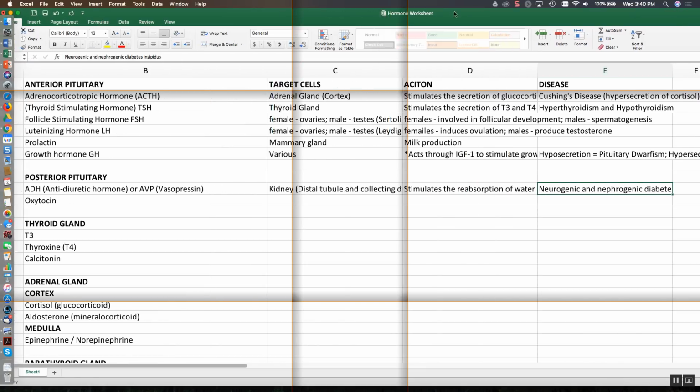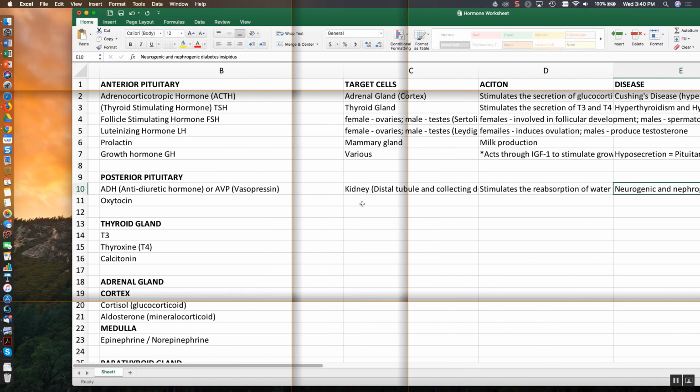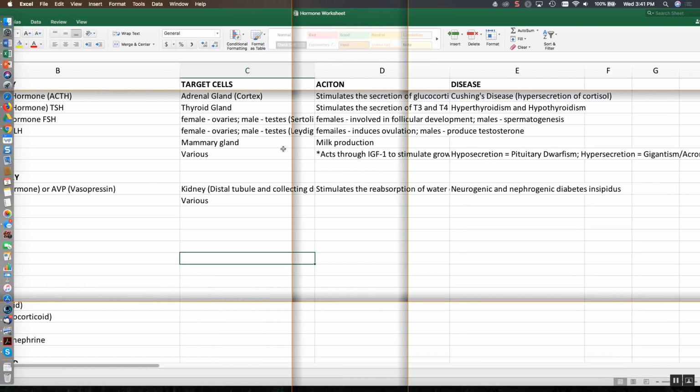Oxytocin, what's the target cell? I would also say various, because it does a couple of different things. It's responsible for milk ejection and labor. And then I'm just going to put positive feedback mechanism.